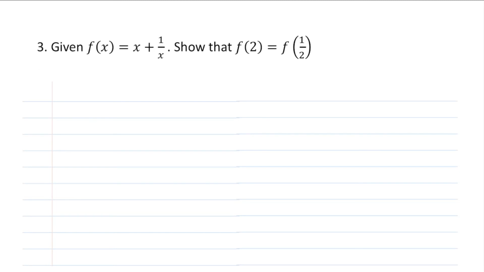In my next example, I want to show that f of 2 is equal to f of a half. So what I'm going to do is I'm going to do each one separately, and obviously with my two outputs, I'll determine if they are the same.